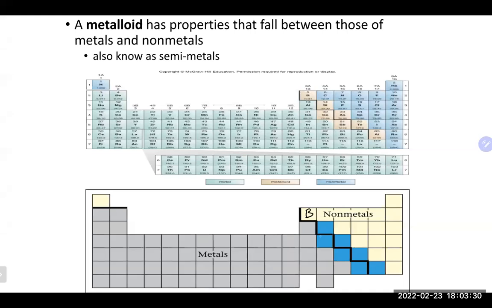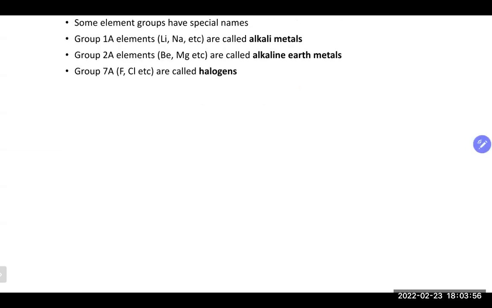So if you think about where they're located, they're kind of like the bridge between metals and non-metals, if you will. So they actually can fall on both sides in terms of their characteristics. The same semi-metal can have properties that would usually be classified for metals, while it could also have properties that will classify it as non-metals. That's why a lot of semiconductors are in that region of the periodic table.